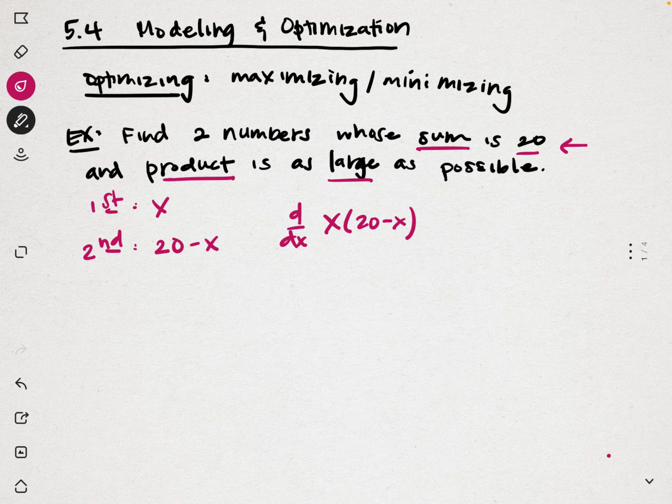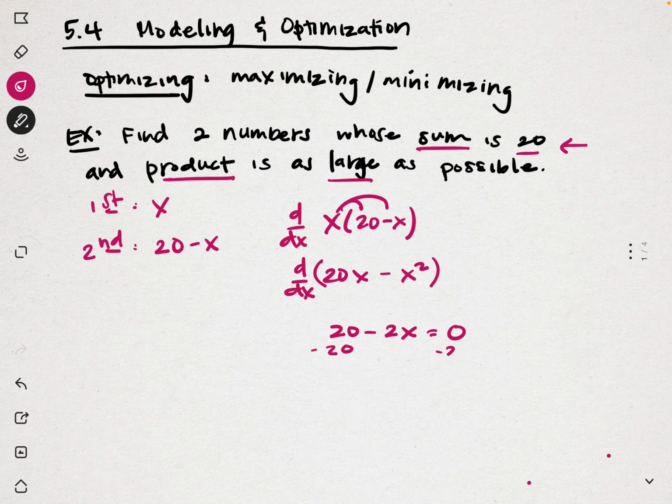This is a product rule. The other way we could do it is to distribute out the x's. Well, maybe we should just do that anyway. So we get 20x minus x squared, and then our derivative is 20 minus 2x. So we're trying to find out where this is equal to 0.